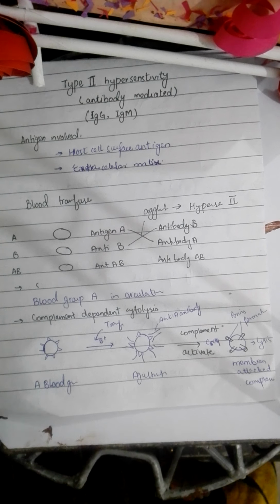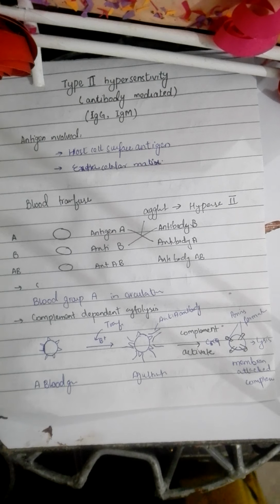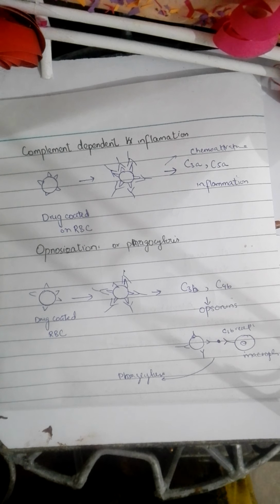Next is complement dependent inflammation. Any drug is given to the patient, then agglutination occurs, the red blood cells agglutinate with the antibodies, and this agglutination causes the activation of the complement, C3a and C5a.